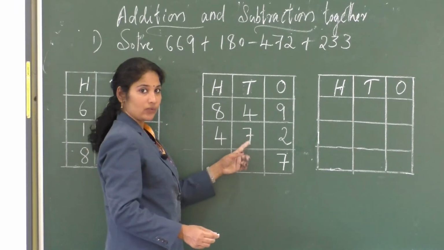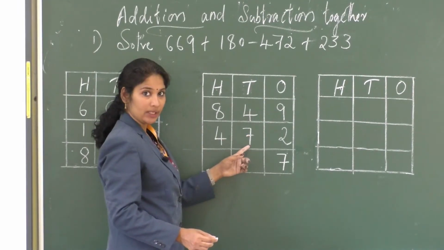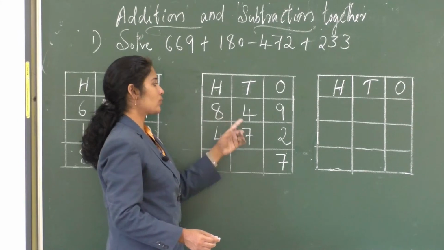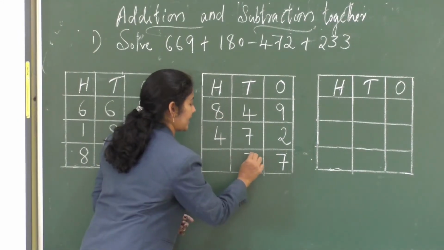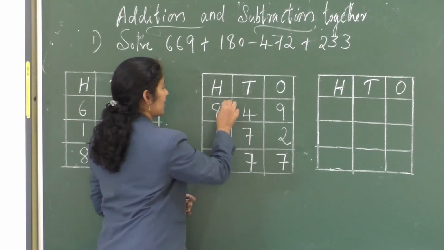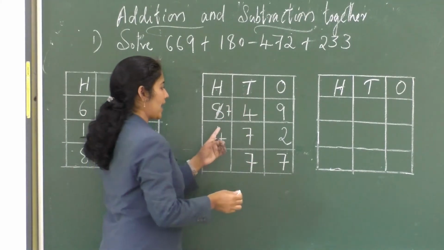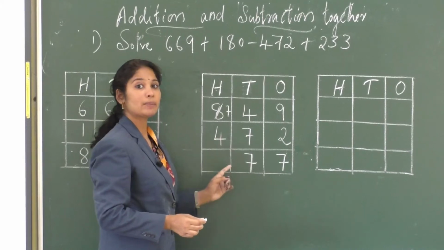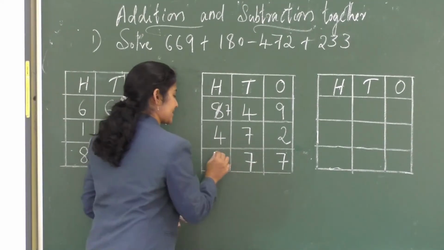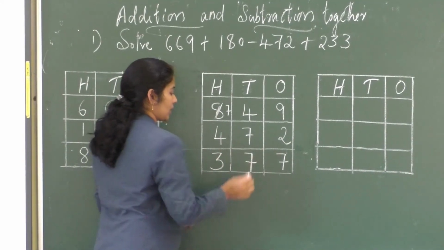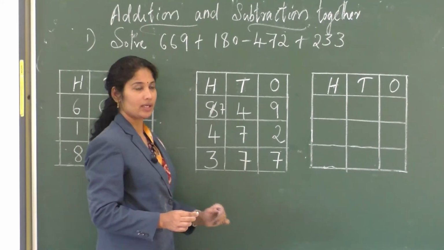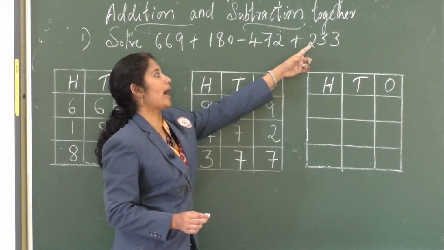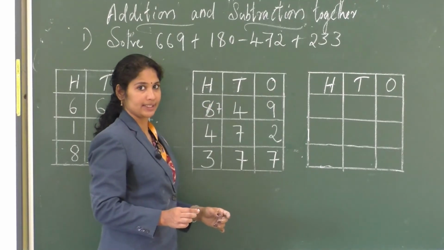Tens place 4 and 7. 4 is smaller than 7. We have to regroup. So 14 minus 7. What is 14 minus 7? Yes, 7. Here we have 7 and 4. What is 7 minus 4? Yes, 3. Now we got an answer 377.